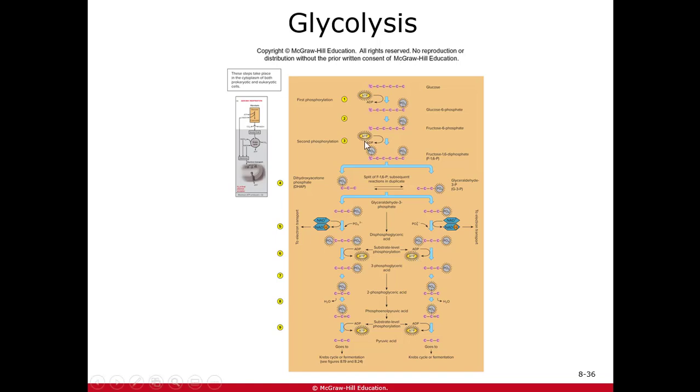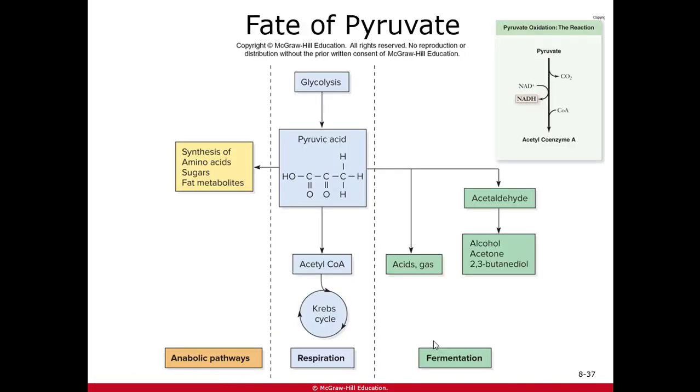Now, your 2 pyruvic acid, your 2 3-carbon molecules, then go into the next step. It's called the fate of the pyruvate. We're going to take that pyruvic acid, pyruvate, same thing, and it's going to get further broken down. So we just did glycolysis, we just got pyruvic acid, there's your 3 carbons, and it's going to get further broken down into something called acetyl-CoA.